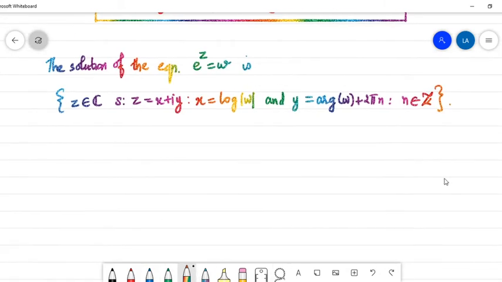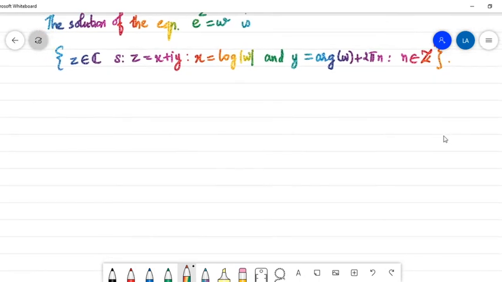Now let's see how we will prove Proposition 2.19. For that, before moving on, we need some basic presumptions.